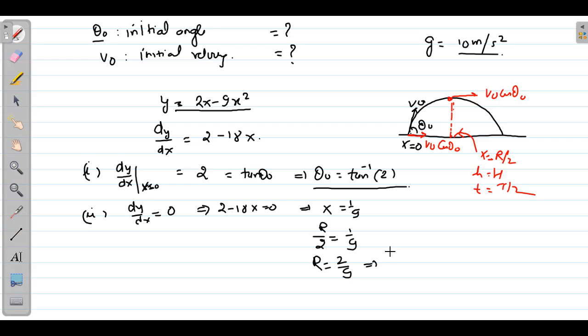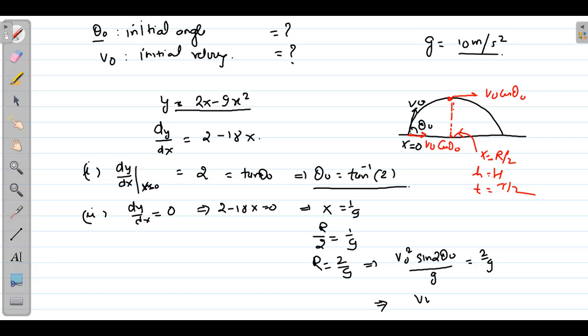And what is R? R with initial velocity v0 is u square, that is v0 square, sine 2 theta 0 by g, that is equal to 2 by 9. We have to find v0.